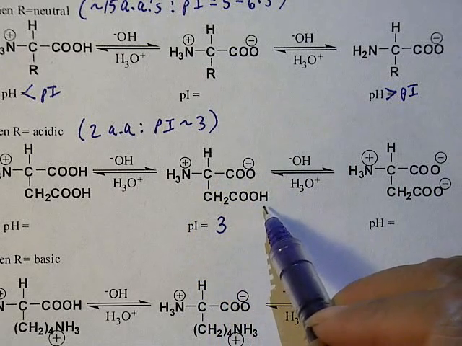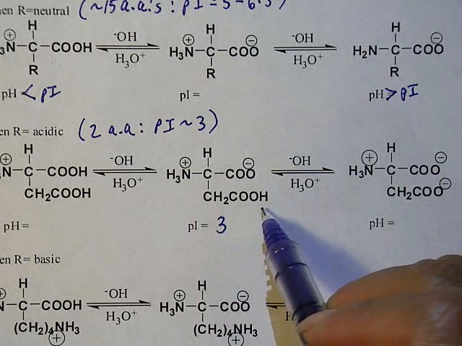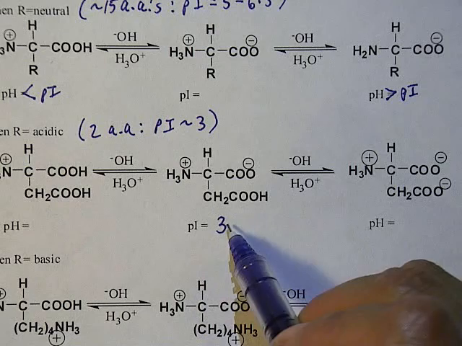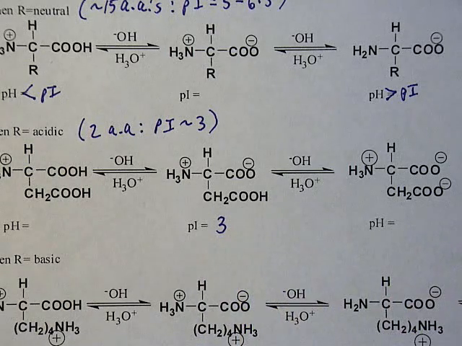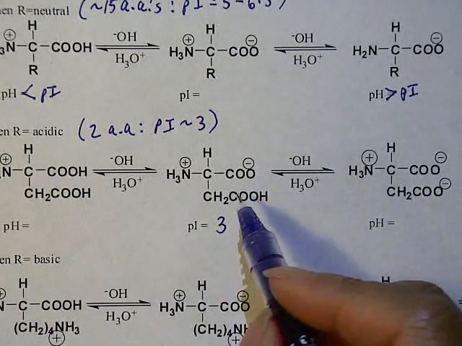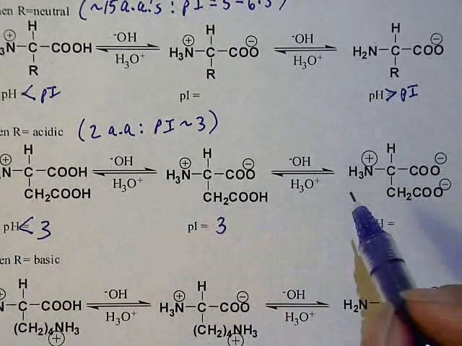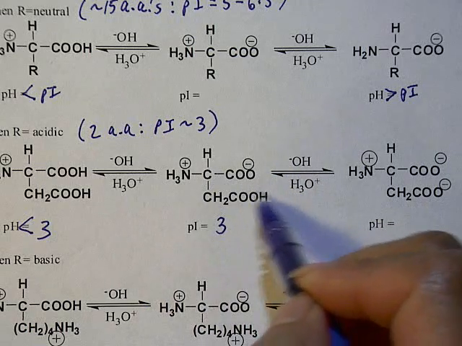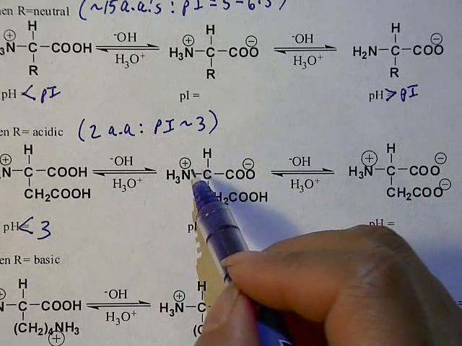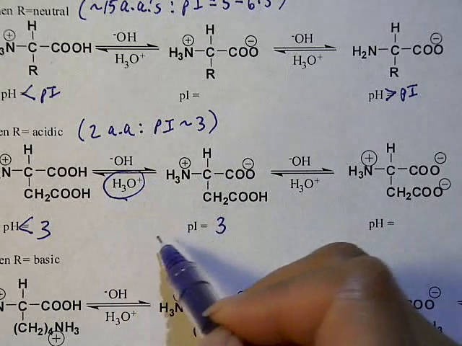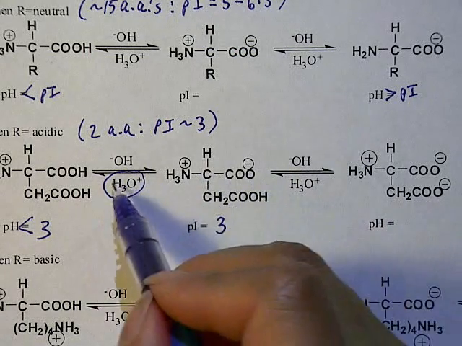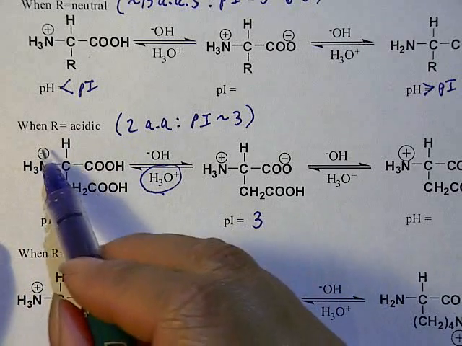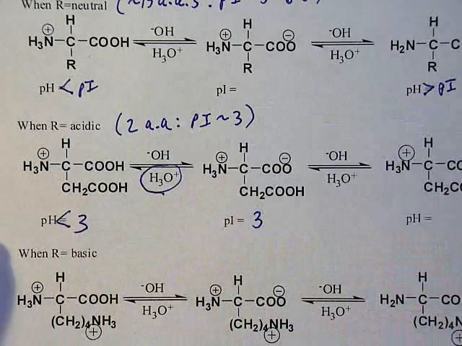And notice that this carboxylic acid, in order for it to be neutral, is still in a protonated form. And that's why the pI is so low, because if it wasn't a low pI, this would already be deprotonated, right? So if it was less than 3, what will happen then is, since this is already protonated and this is plus charge, the only place the proton H+ could go is in here. So then you have this form, and the overall charge for this is a +1 charge, right?